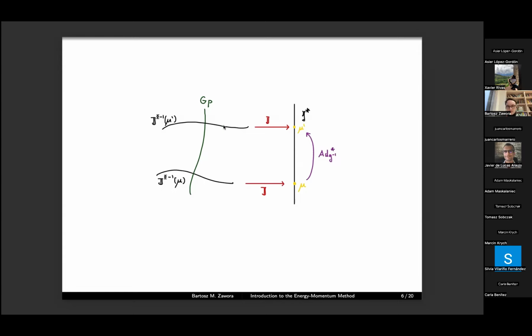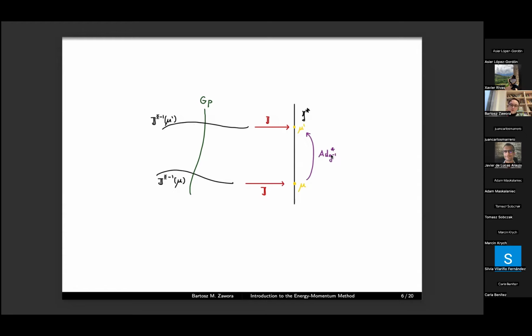If we apply the momentum map to this level set, we get mu prime. If we apply the momentum map to this level set, we get mu, and mu is related to mu prime with the coadjoint action of g^-1. So this is the idea.